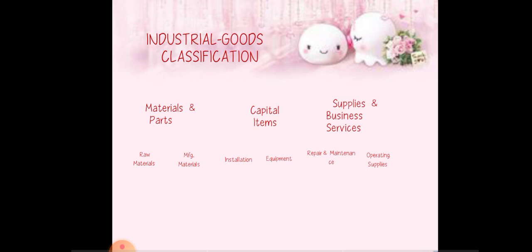So as I have said, there are three major classifications of industrial goods, which are the materials and parts, capital items, and supplies and business services. On the materials and parts, there are two types, the raw materials and the manufactured materials.